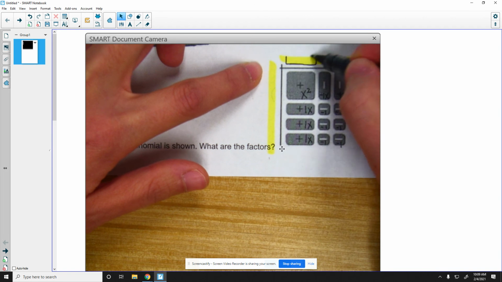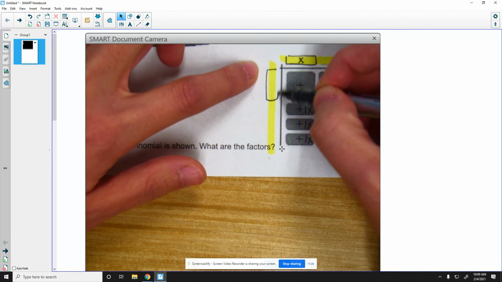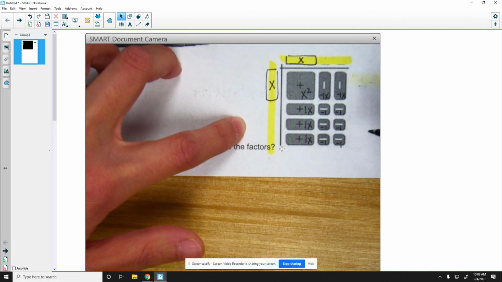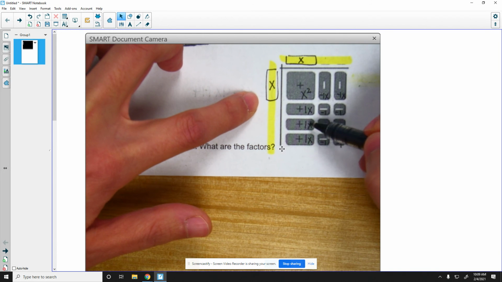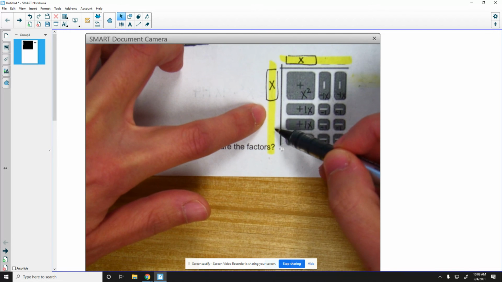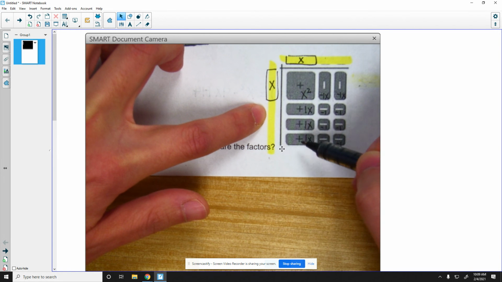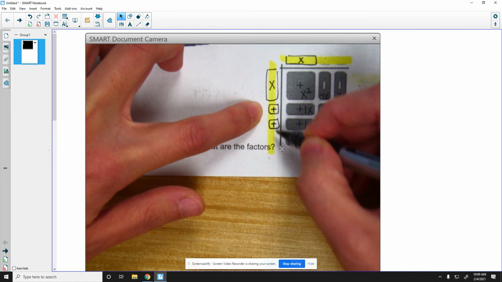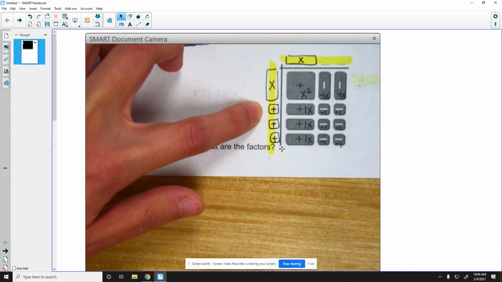So x times x gives me x squared. Now I have positive 1, positive 1, positive 1x. So x times what would give me plus 1, plus 1, plus 1? Just 1, right? Positive 1, positive 1, positive 1.